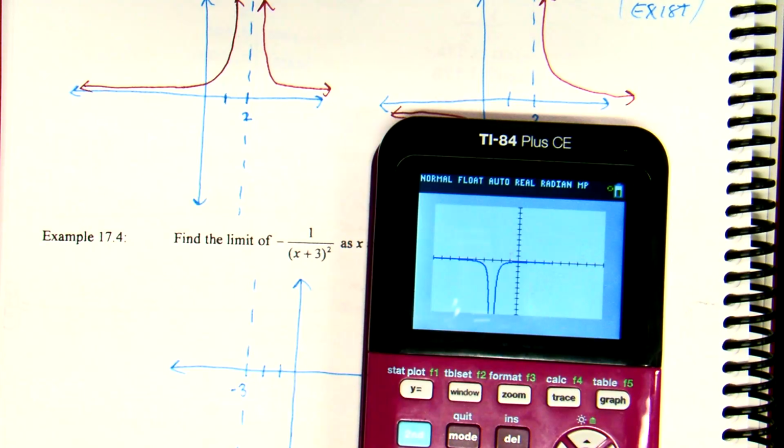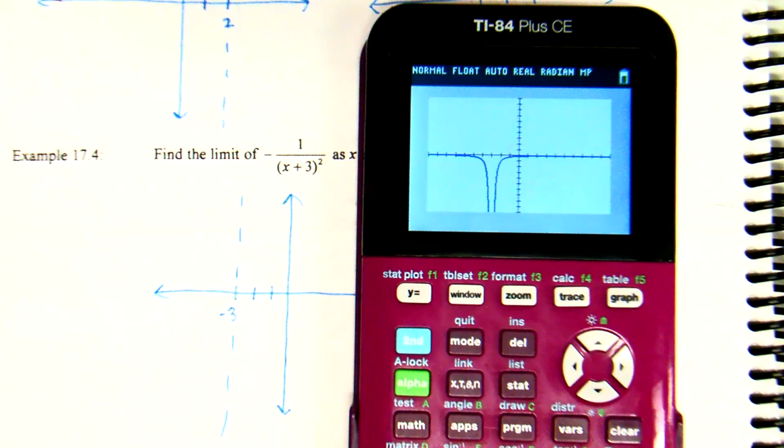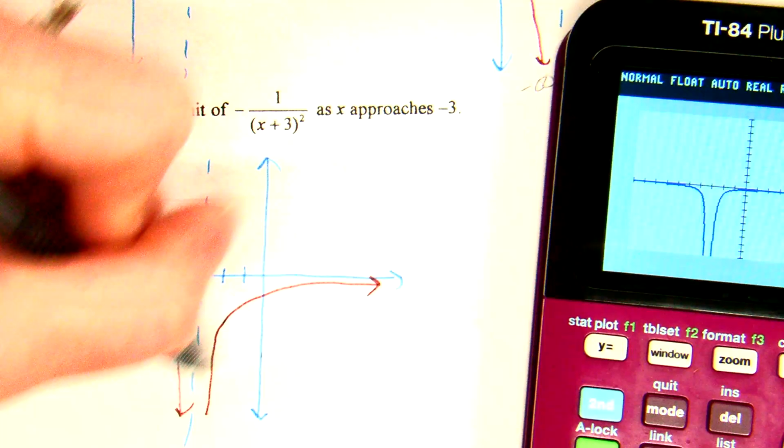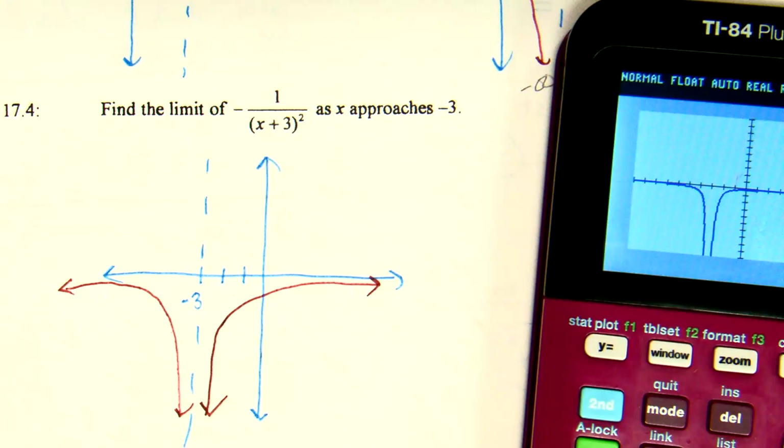Does this graph make sense then? It does. So like the last one, it's running along a horizontal asymptote of the x-axis. This is as x approaches negative 3. Again, left and right must agree. What's my graph doing as it approaches negative 3 from the left?